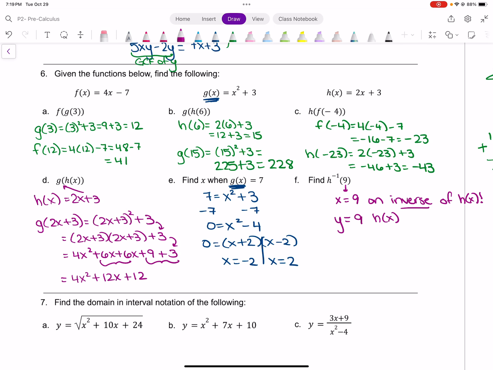So I'm going to take that h of x, that is my y, I'm going to make that a 9, and then solve for x. So subtract the 3, divide by 2, so we get x equals 3.